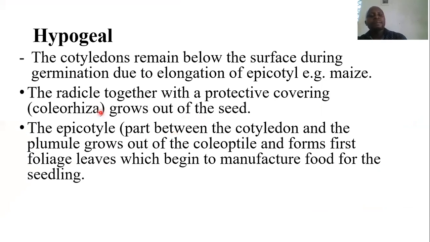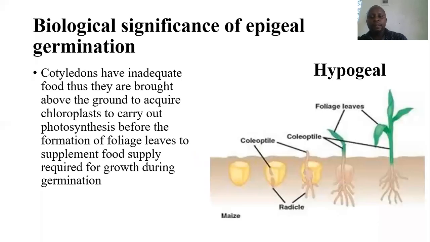Then the epicotyl, that is the part between the cotyledon and the plumule, will grow out of the coleoptile. So if you look again back here, the coleoptile is the one which will push on the soil to move upward. The coleoptile contains the plumule. Inside here we have the epicotyl.